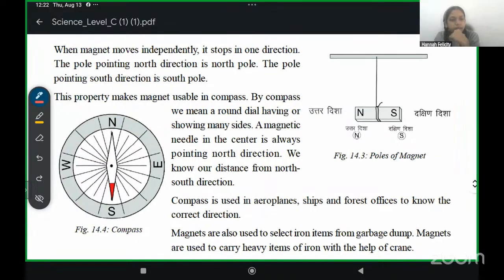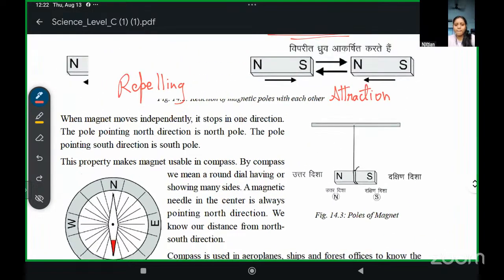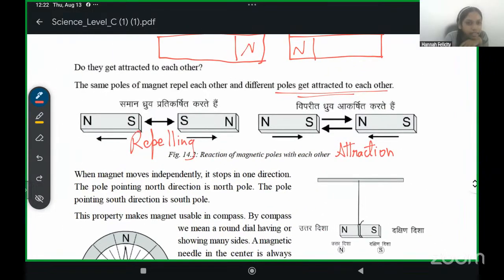Hannah, you have a question? Ma'am, what if we mix the north and south pole? Do we get the south pole from magnetite too?